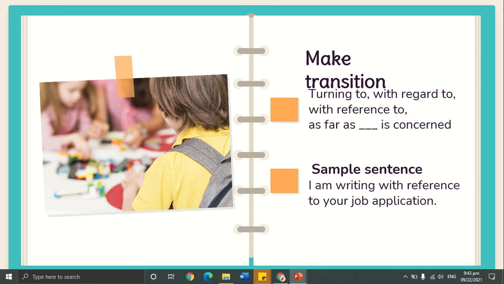But more, if we are to explain this better, it is more appropriate to say na these four phrases are more often used to refer to something. Yung may tinutukoy kang ibang bagay. I am writing with reference to your job application. Kaya siya nagsulat ng letter para sa'yo ay dahil gusto niyang pag-usapan ninyo or patunguhan ninyo yung job application na ipinasa mo.